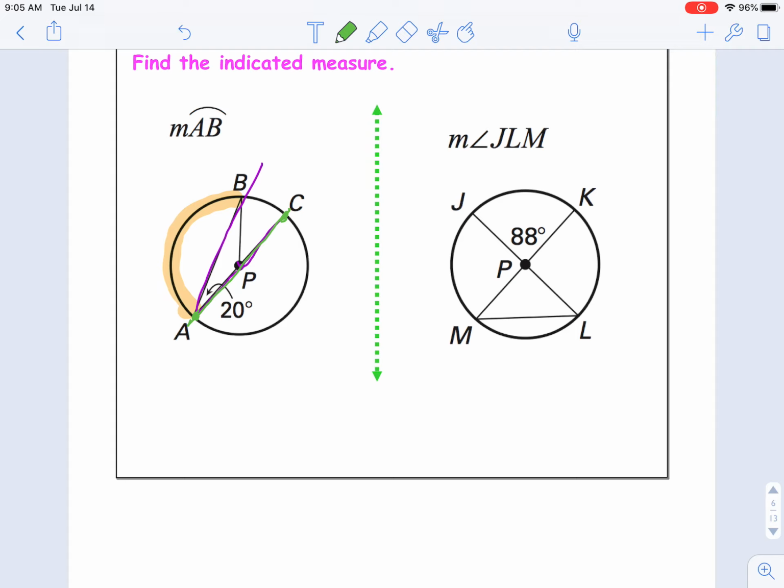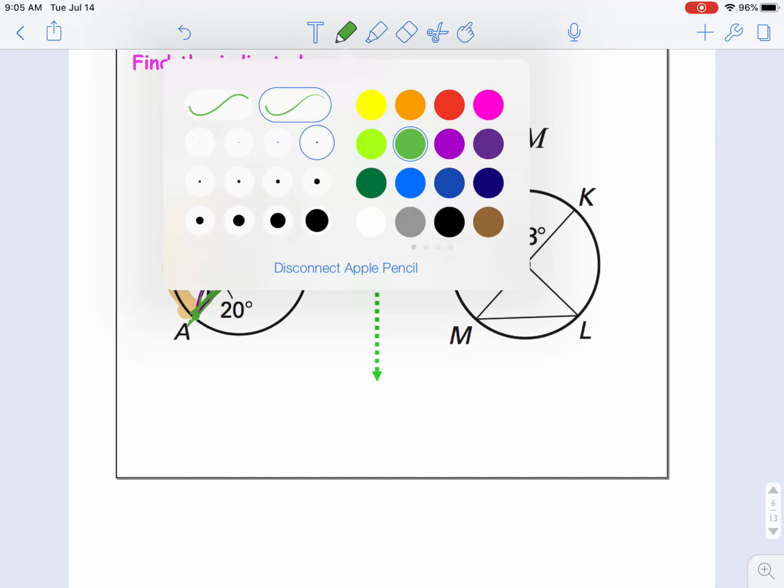We can tell that because the endpoints are on the circle and it's going through the center. So if that's a diameter, we know that it's also intercepting this arc right here. So that BAC is going to be twice as much as that inscribed angle of 20 degrees.